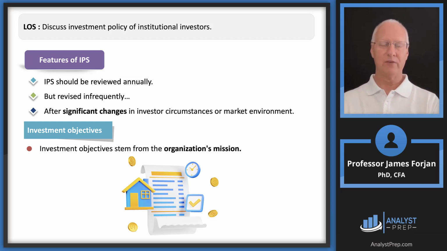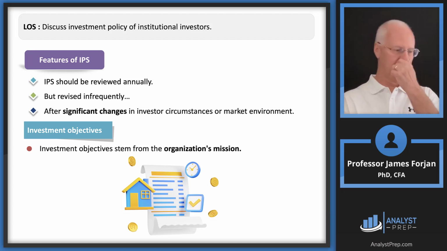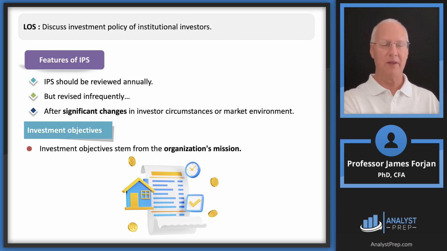And remember, those investor circumstances are a function of the beneficiaries. So think about a pension. If you're the pension fund manager and you have no retired workers, and you have all these workers over here who are contributing to this, maybe the firm is contributing, maybe they're contributing. We'll talk about the difference between the two plans here in just a little bit. But you have all this money and you have no liquidity needs.